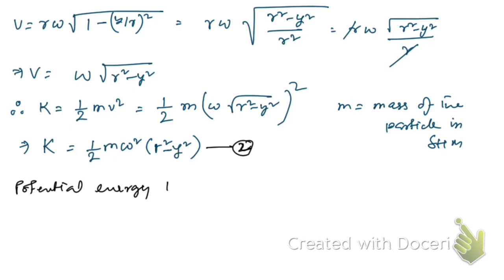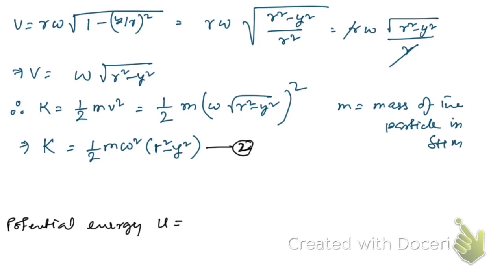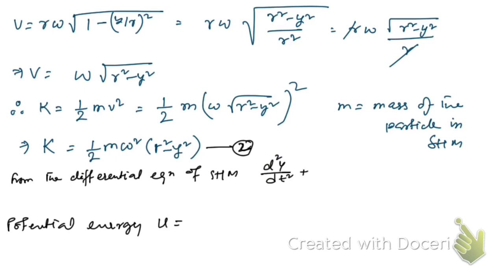Let me represent it by U. Okay. So in order to obtain the potential energy, first you see, just let me write here, from the differential equation of simple harmonic motion, we got second order derivative of y with respect to t plus omega square y is equal to 0.